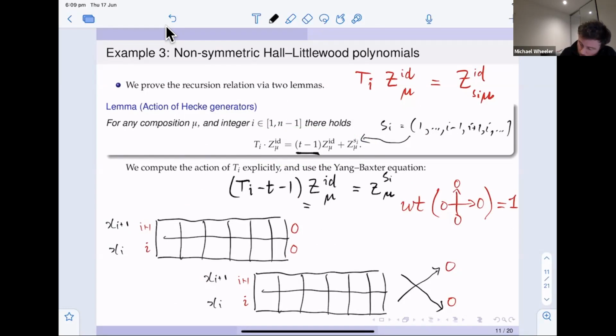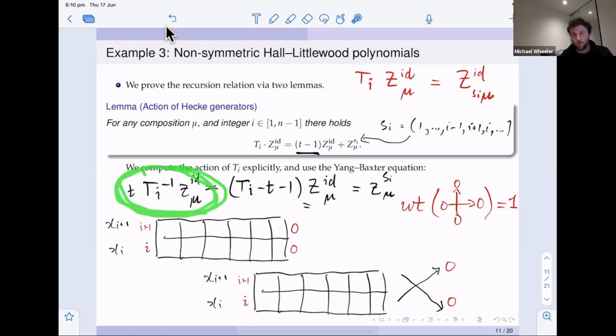And for people who know the theory well, you'll recognize that that quantity there is nothing but the inverse of, so this is nothing but t_i inverse multiplied by t. So actually, we have already proved that the inverse Hecke generators have a nice transforming action on these partition functions, and they end up just permuting the colors along the left.